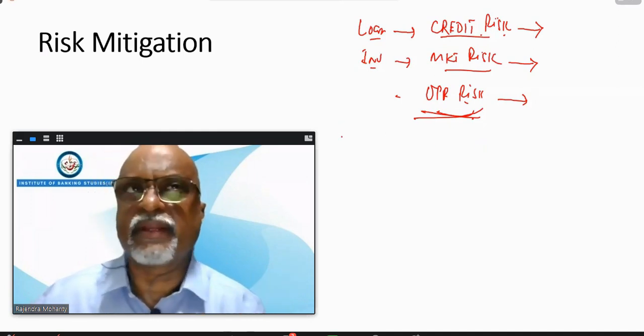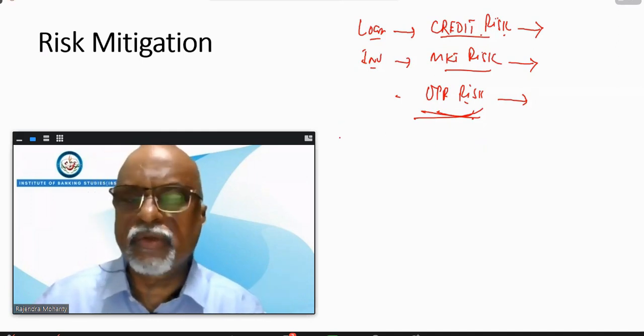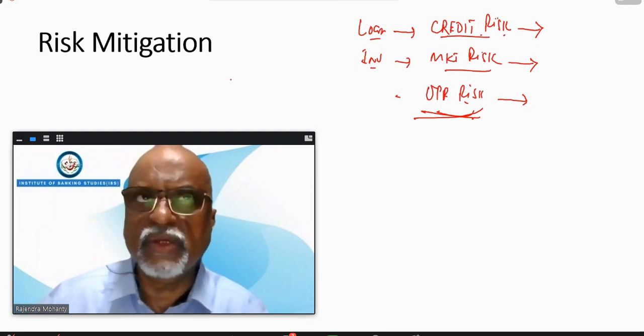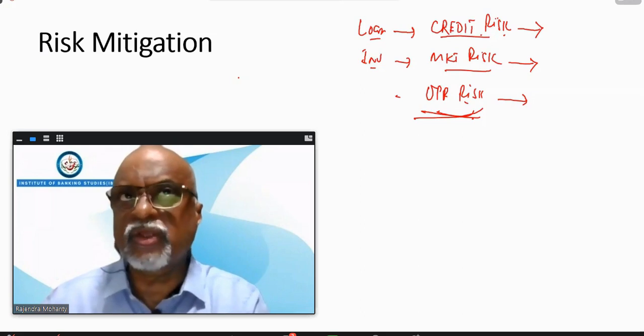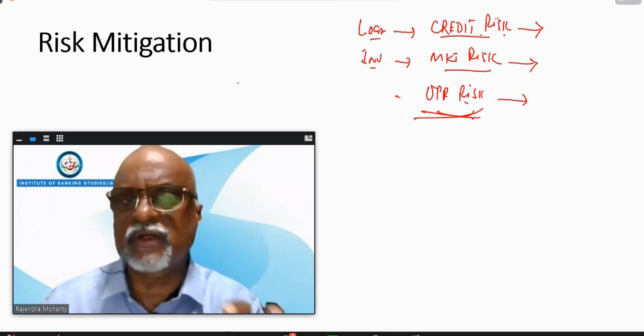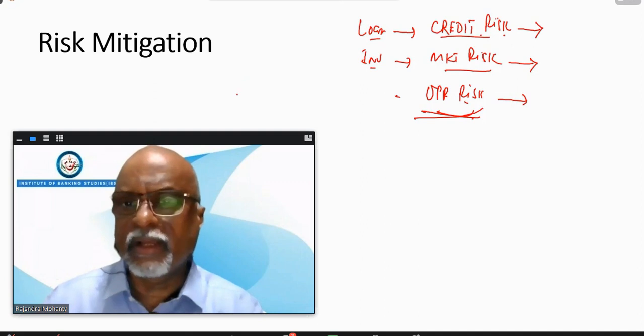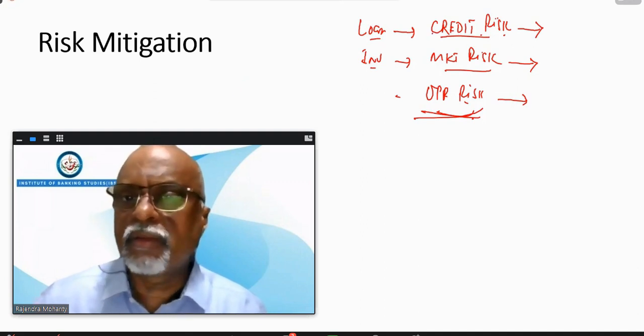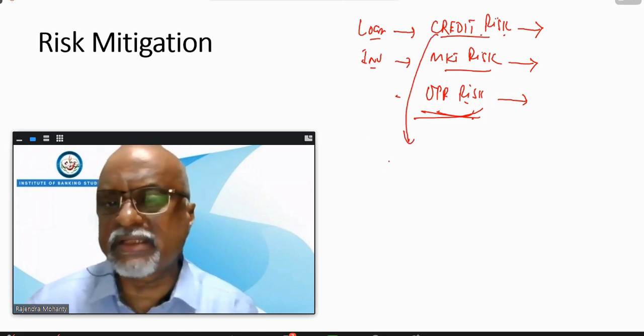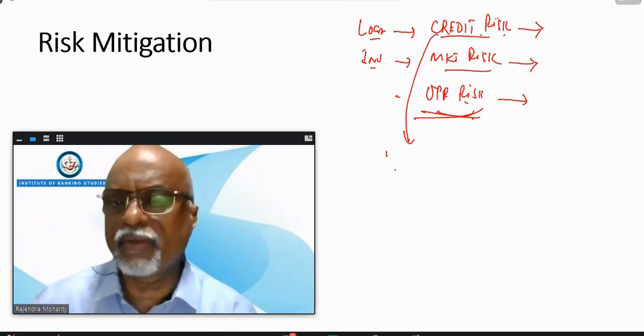There are varieties of financial instruments and different techniques used to mitigate the risk. So basically risk mitigation means we always aim to reduce the loss potential or the downside potential.